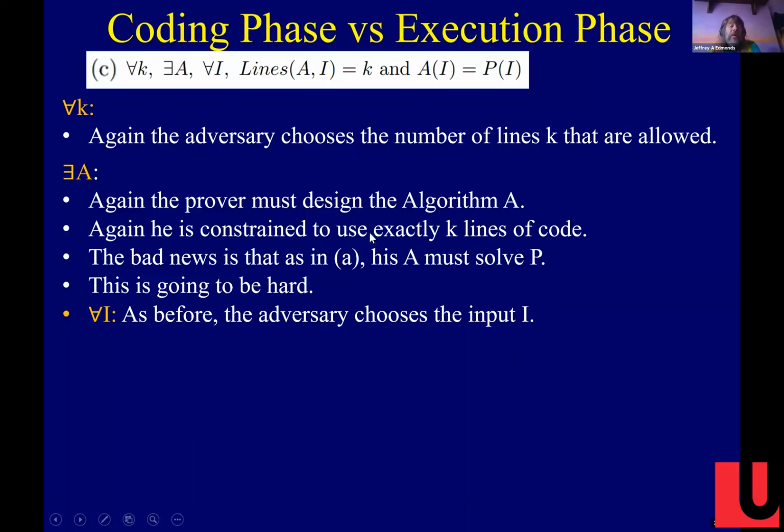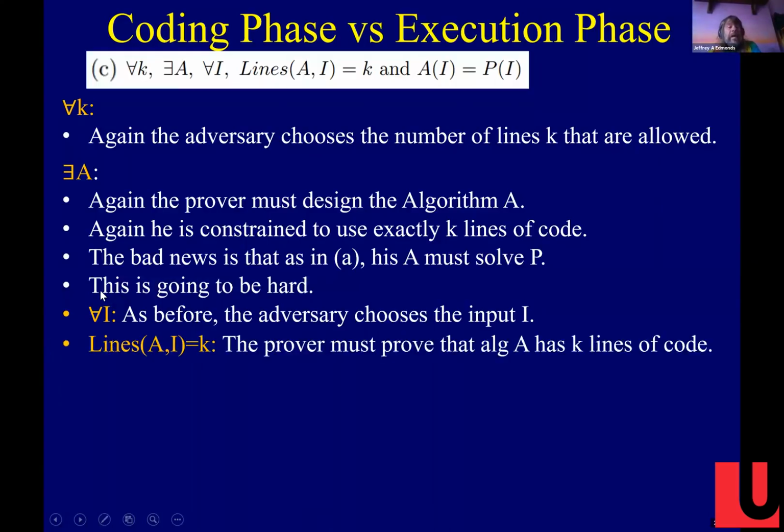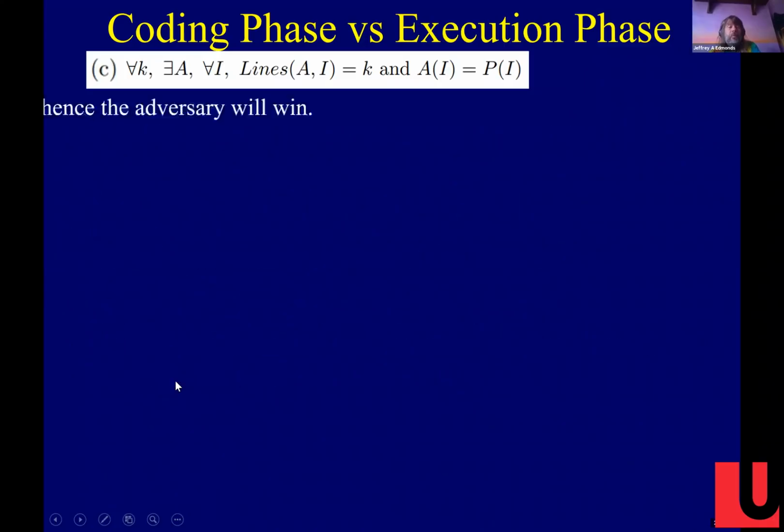So after he comes up with the K and the algorithm, the adversary chooses an input, and we see who wins. The prover wins if both A has K lines of code and on this input it solves the problem.